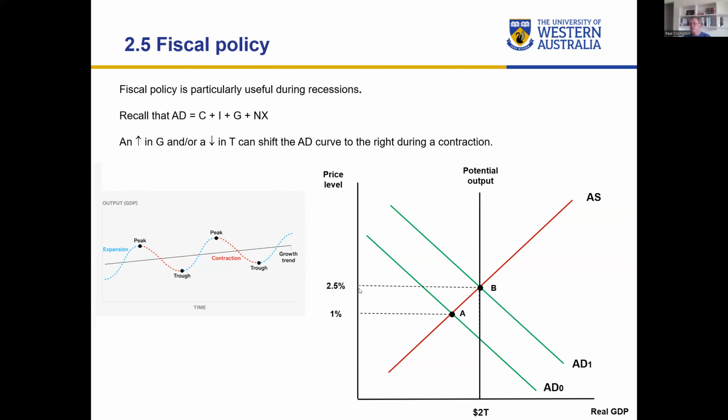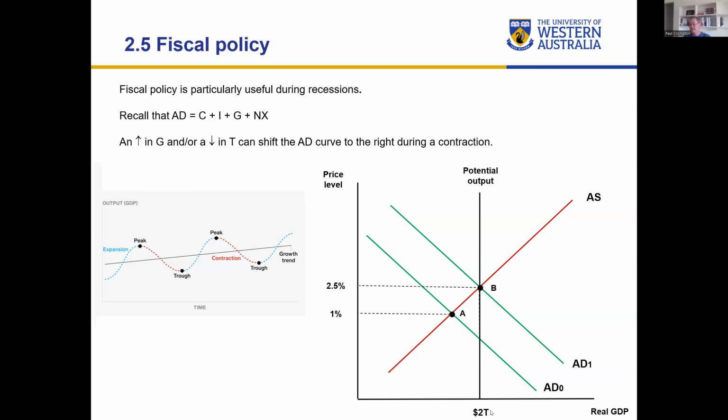We know that the central bank, the Reserve Bank of Australia, targets the inflation rate in this country to range between 2% and 3%. So point B would be a nice place to be for the economy. Full employment output of 2 trillion, that's this nice comfortable level of output where the economy is not producing too much, it's not producing too little. And at the same time, with this nice comfortable level of inflation.